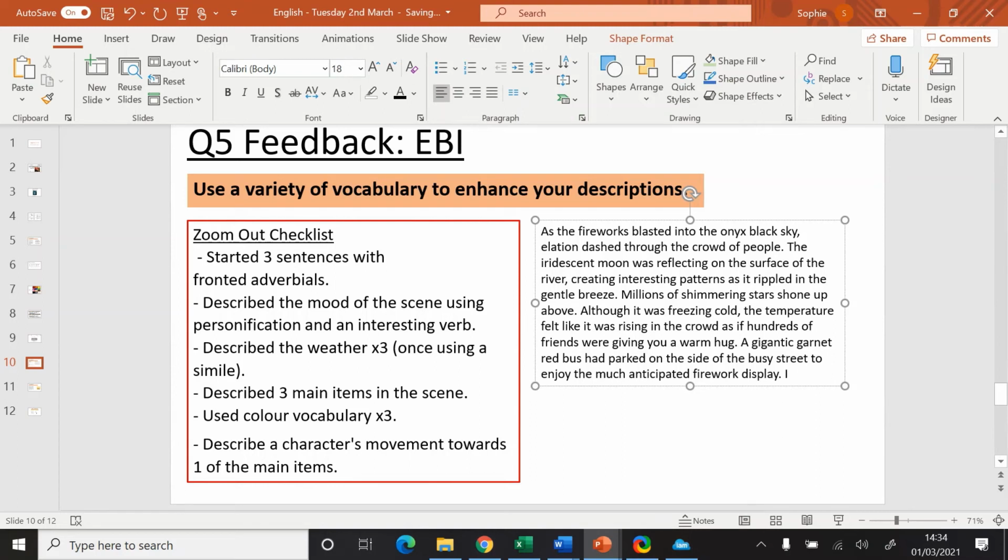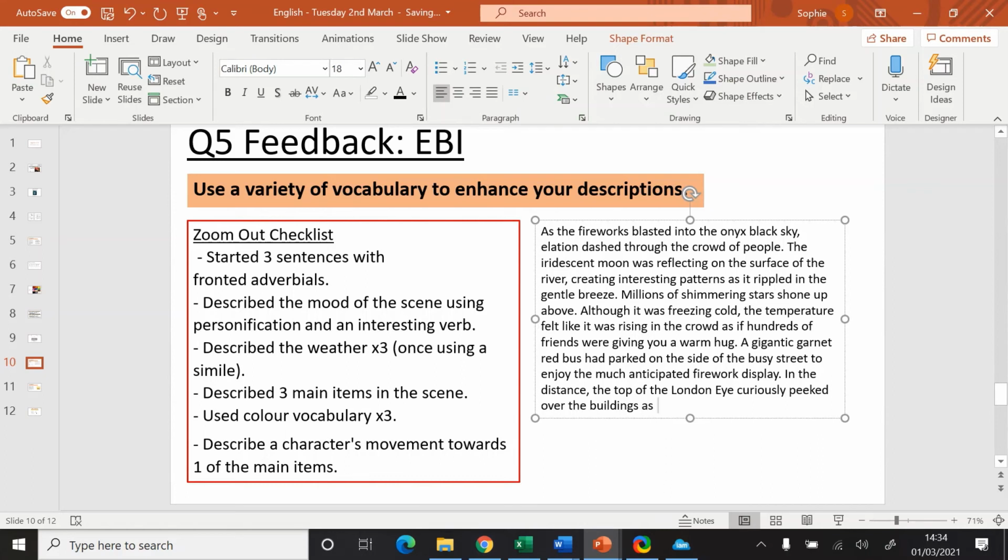And then I want to do the London Eye. So I'm going to start with in the distance, the top of the London Eye. I need to capitalise that because it's the name of a thing. I'm going to write curiously peaked over the buildings. That's also personification there. Look at me, I'm on fire.